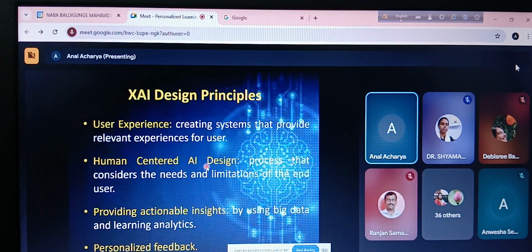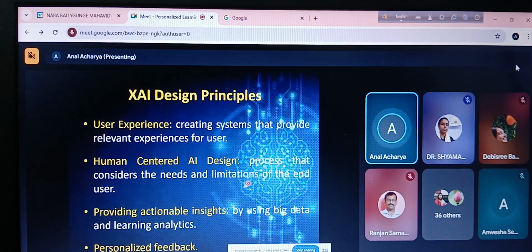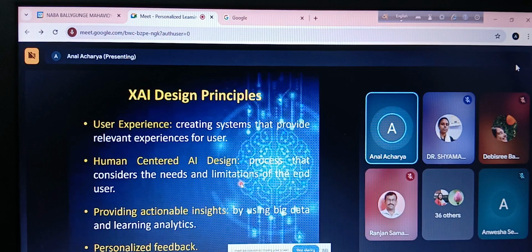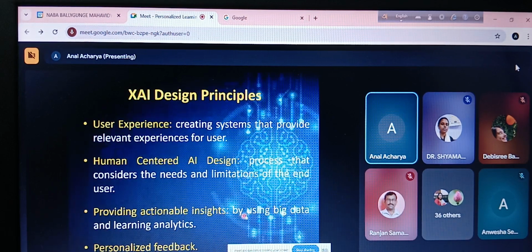Human-centered AI design, right? It is a process that considers the needs and limitations of the end user. What are the needs of the end user? What are the limitations of the end user? And so on. Providing actionable insights by using big data analytics, right?